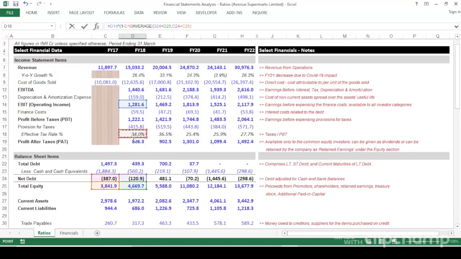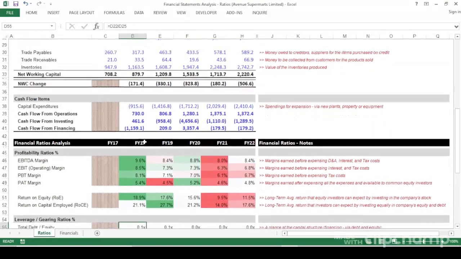So effective tax rate is nothing but what tax rate the company paid. This is going to be on the basis of what the provision for taxes were as compared to the profit before taxes. So I'll say this and I'll close the bracket. So this is going to be my formula.